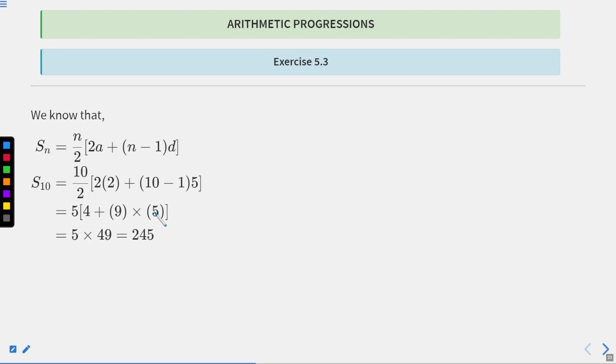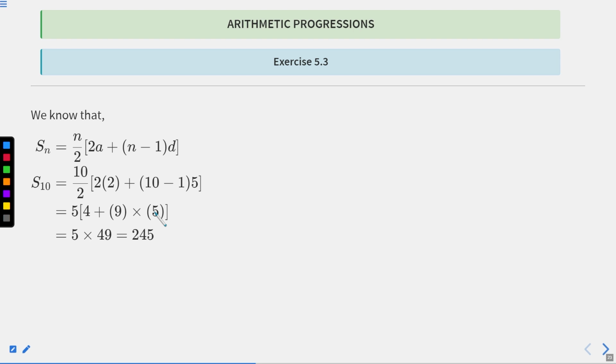Now if we put these values in this formula, then we get S10 equal to 10 by 2 times 2 times 2 plus 10 minus 1 times 5. This is equal to 5 times 4 plus 9 into 5, which is 5 into 49, and this is equal to 245.